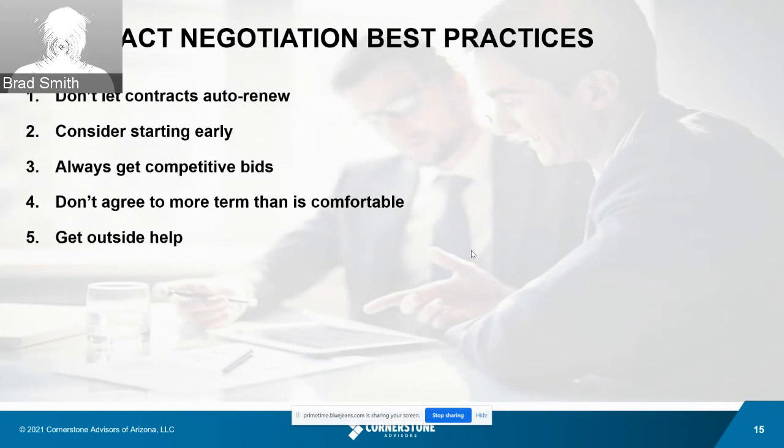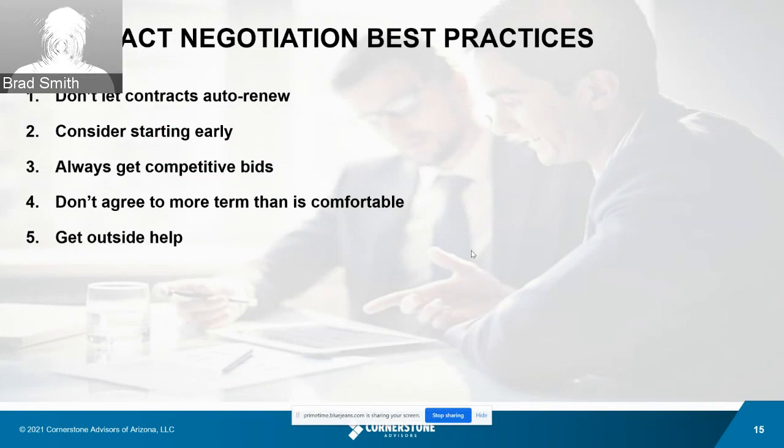Not only so you avoid them auto-renewing, because when that happens, you typically lose whatever discounts you had, or certainly lose the opportunity to negotiate any new discounts. But also, if you don't realize it until the day before, you've lost any ability to go out and get competitive bids. You don't even have time to ask, are we even happy with this vendor bill? So you need to keep track of it. Somebody needs to own that. It needs to be presented in IT steering committee monthly, or some sort of executive level committee on a monthly basis.